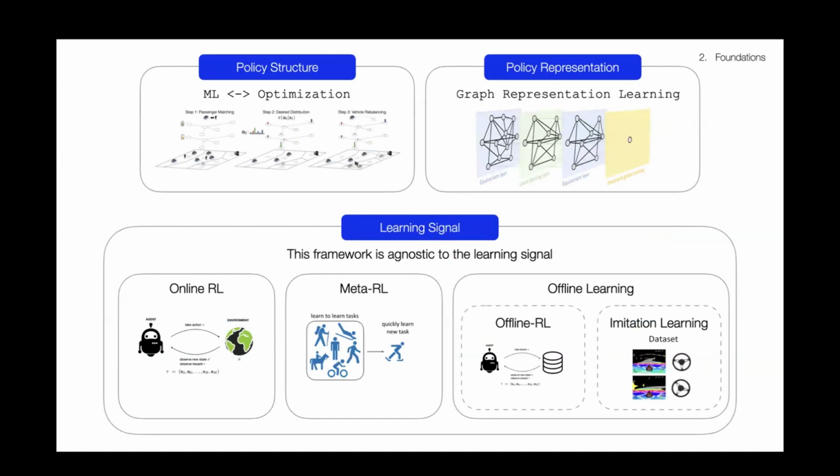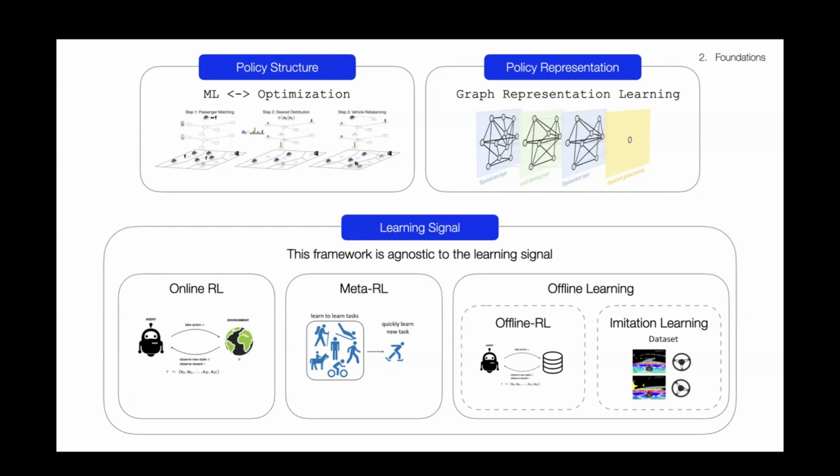Okay. And so we discussed these two main blocks, policy structure. So what does the policy look like? And given the structure, what does the specific mapping from state to actions look like? In all of this, as some of you were referring during questions, we never touched learning signal or learning strategies. And the reason why we did not touch it is because we designed this framework in mind to be as agnostic as possible to the learning scheme, right? So we could see the policy being learned through online reinforcement learning.